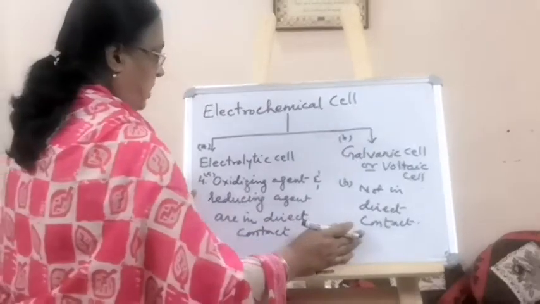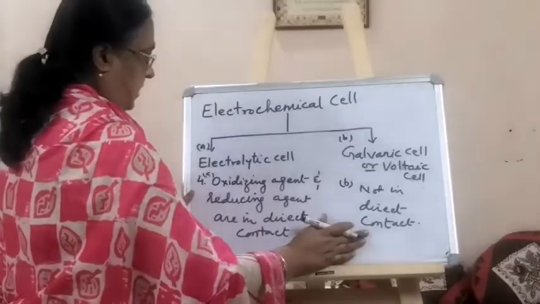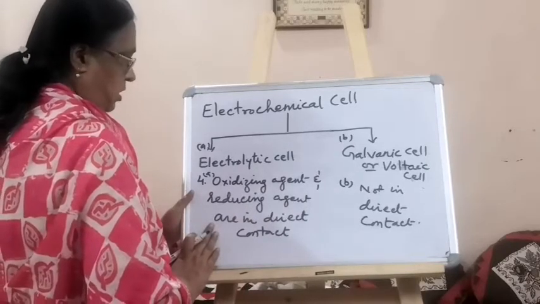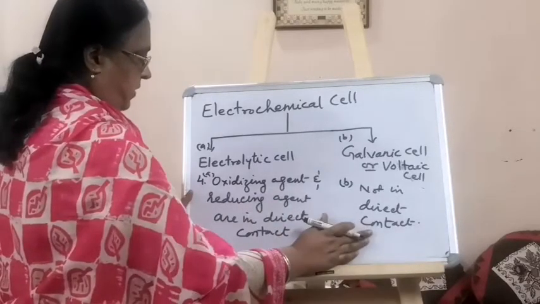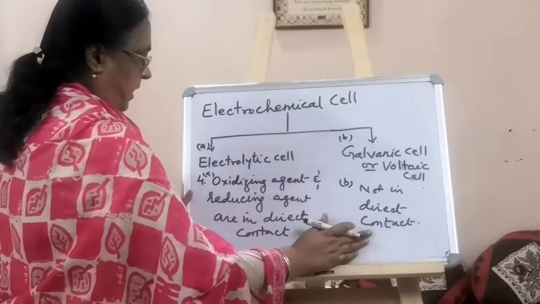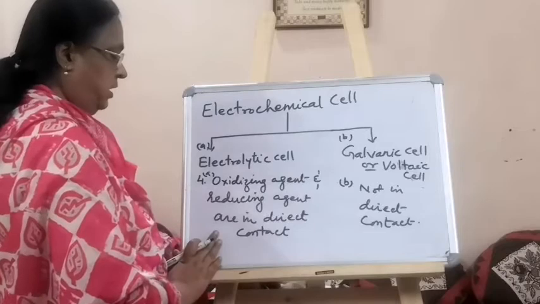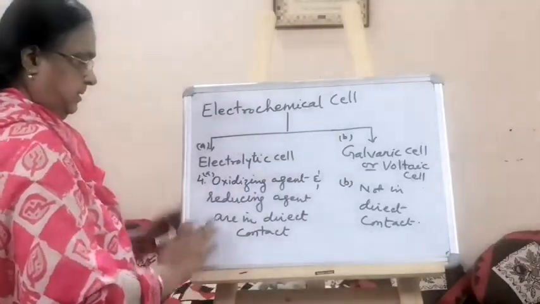Oxidizing and reducing agents are not in direct contact here, and here they are in direct contact. So here chemical energy will be converted into electrical energy, and here electrical energy will be converted into chemical energy.